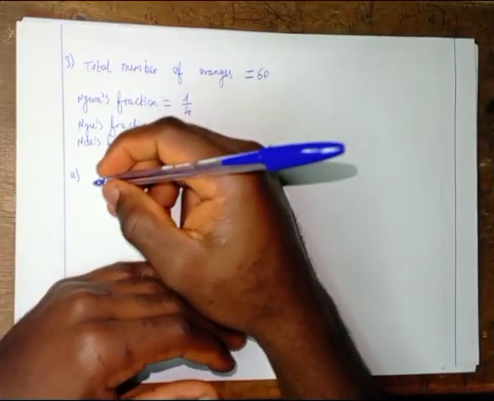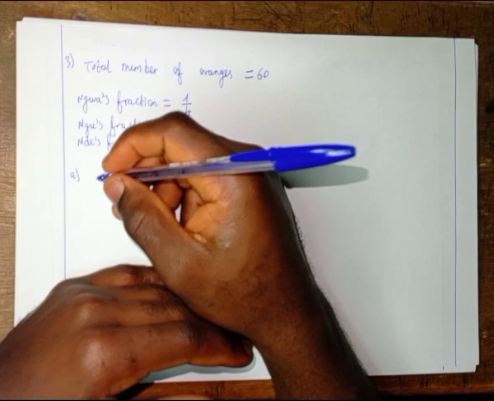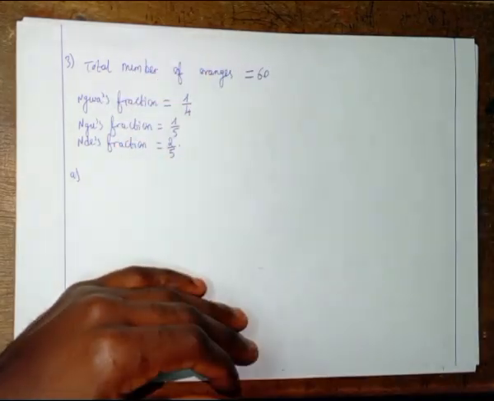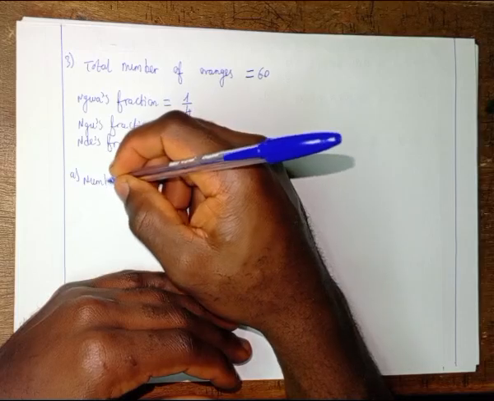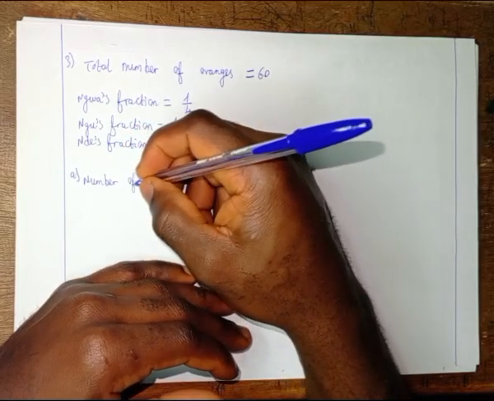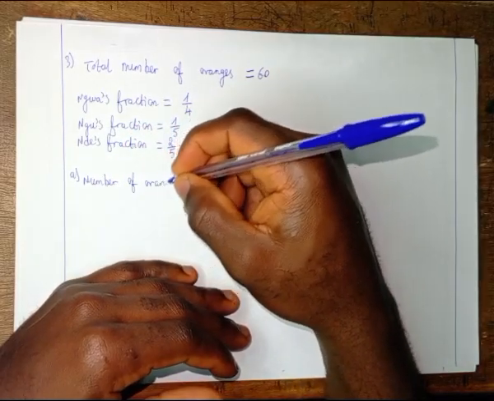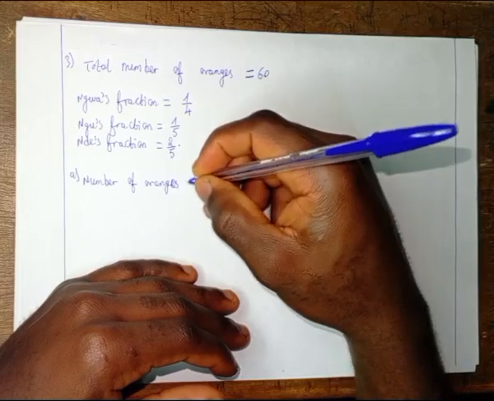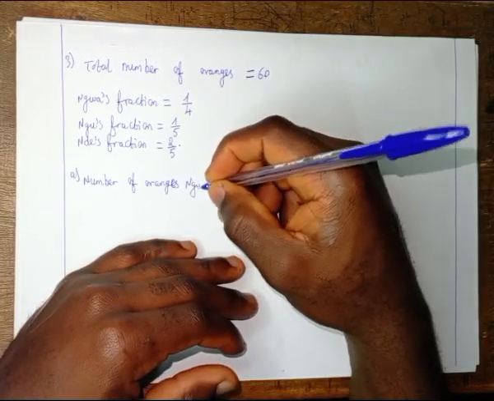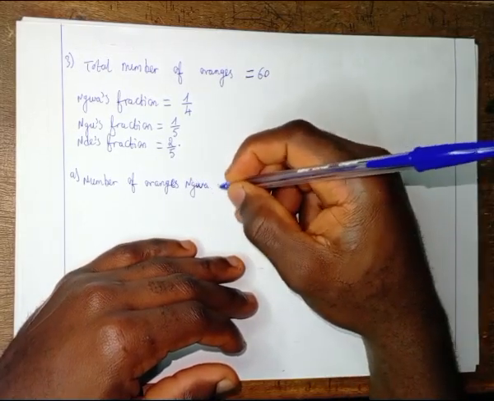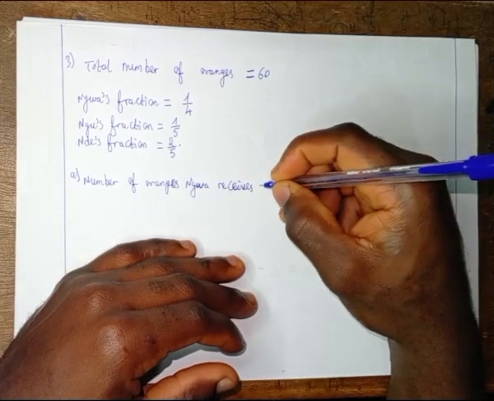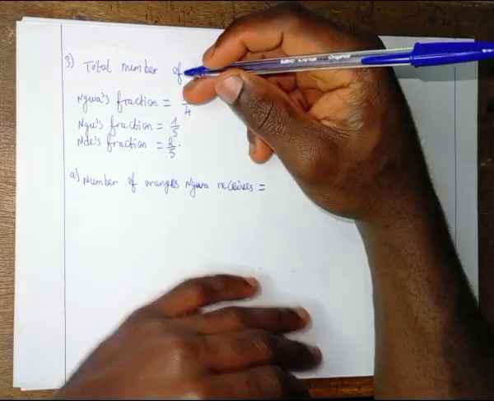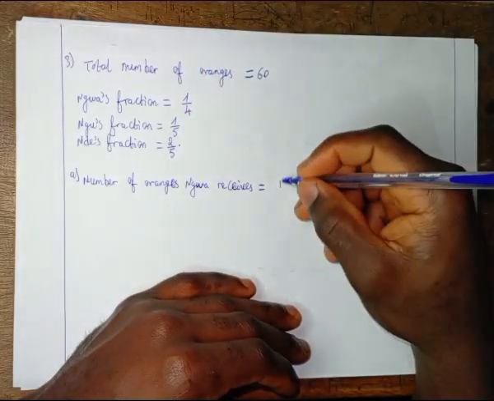So we need the number of oranges received by Ngwa. Number of oranges Ngwa receives will simply be equal to, we are going to take his fraction, which is 1/4.